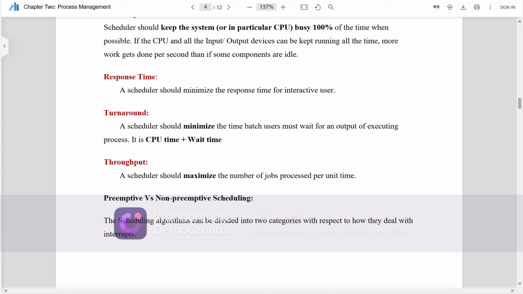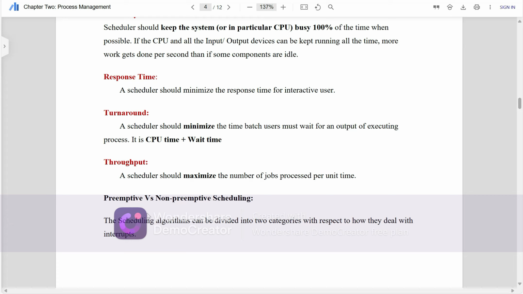The other one is turnaround time. The goal of the scheduler should be to minimize the time batch users must wait for their processes to execute. So turnaround time is equal to CPU time plus waiting time, or burst time plus waiting time.